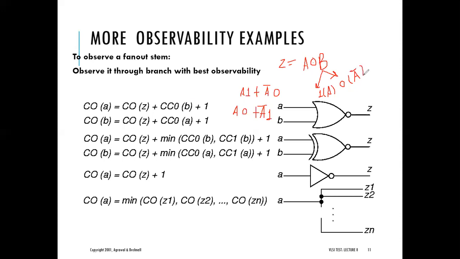Which means that whether B is equal to 1 or B is equal to 0, in both cases you are getting A or A complement in the output, which simply means that you are able to propagate the value at this point to the output. That is why you are using the minimum over here. That means you can use either B equal to 0 or B equal to 1.